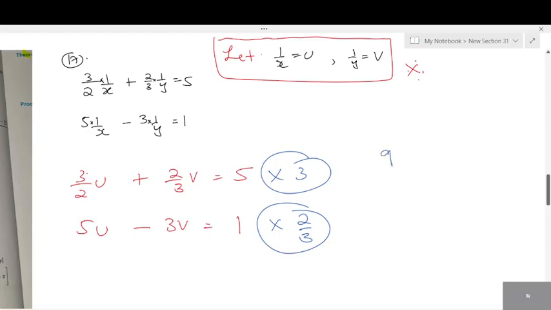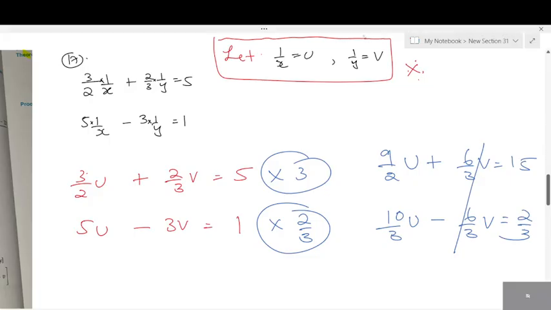Multiply 9 by 2u plus... y minus. Are you multiplying by minus or plus? It is 10 by 3u minus... both cancel, right?